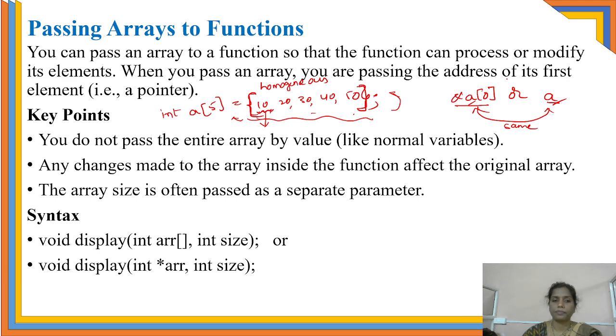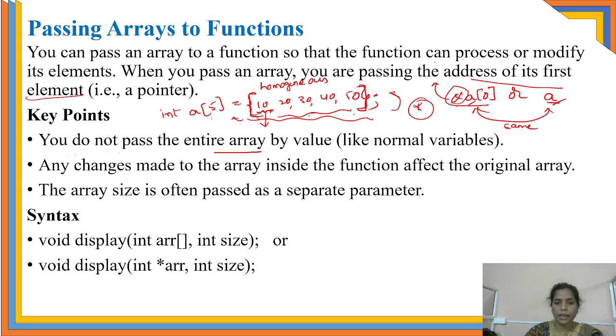You can pass an array to a function so that the function can process or modify its elements. When you pass an array, you are passing the address of the first element, that is a pointer. So to catch that, you need to use a pointer. Key point: you need not pass the entire array by value.